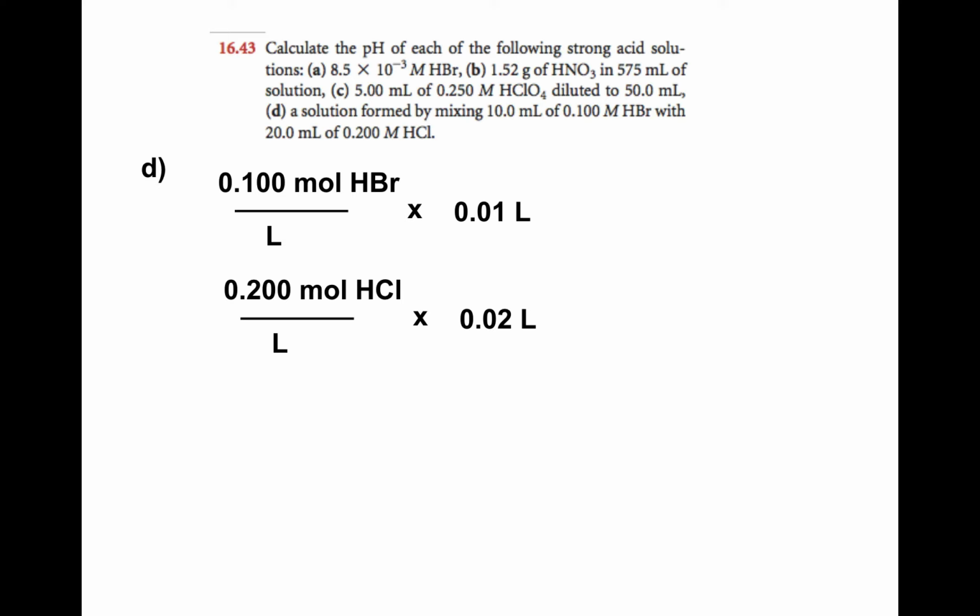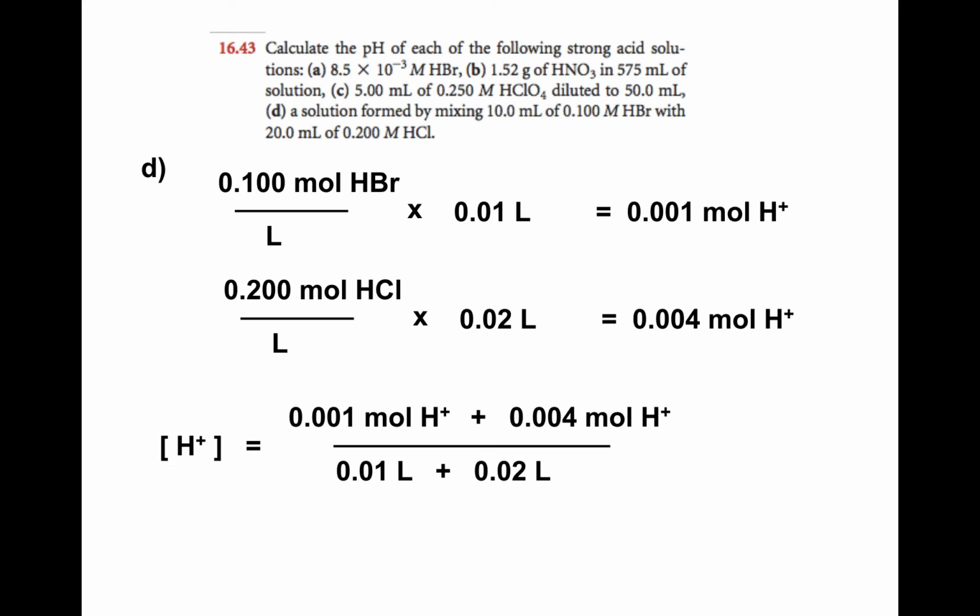So 10 milliliters is 0.01 liters, 20 milliliters is 0.02 liters, to get moles being contributed by each of these acids. And then you add them together to get the total moles of acid when I mix these together. Right? So it's a cumulative effect. The chloride ion and the bromide ion are spectators here. So just add up moles of H plus, divide by the total volume, right? The new volume is now 30 milliliters, to get the concentration of H plus, and take the negative log and get the pH.